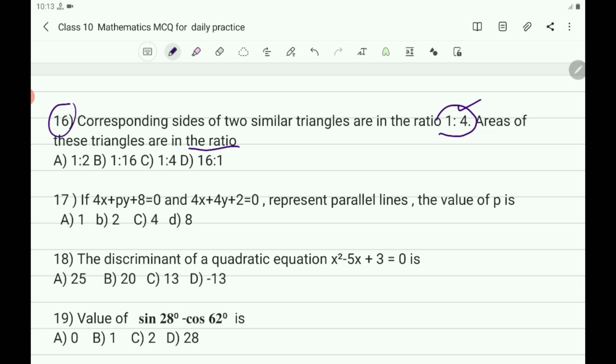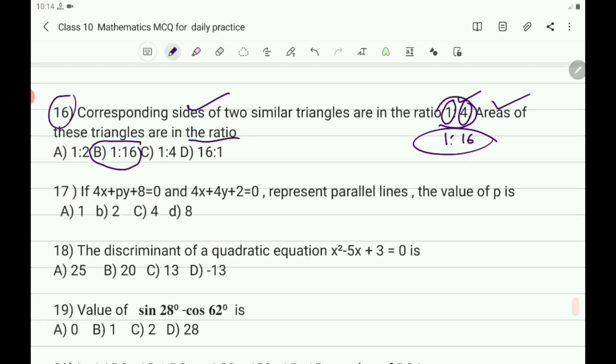The square of 1 is 1, the square of 4 is 16, so the ratio is 1 is to 16. Here the ratio of sides is given; to find the ratio of areas, you take the square of each. So you take option B, 1 is to 16 is the answer.